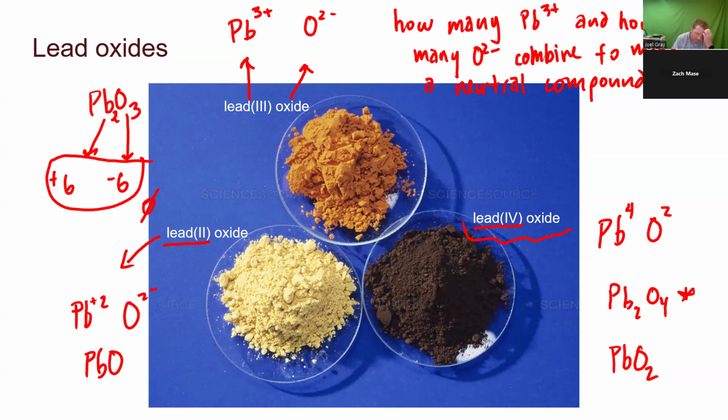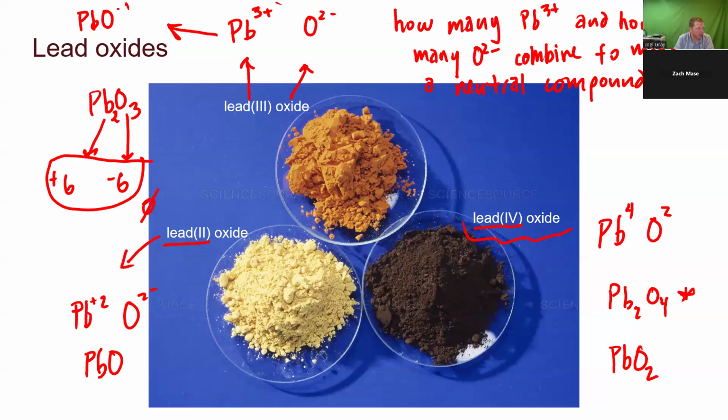That's what I'm tasked with. You could say, okay, well, PbO. Tell me what is the charge if I just take one Pb3+ and one O2-? What's the charge of this whole thing, using these ions? It's +1. Okay, so that doesn't work.